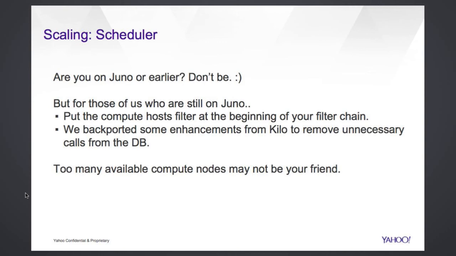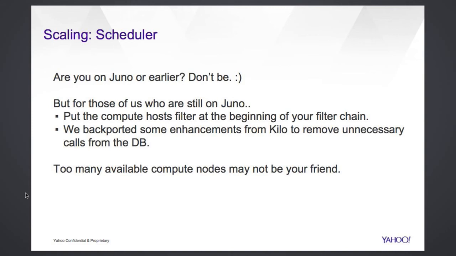So one thing we found is that the compute host filter checks the timestamp of the original data call from the database. But the problem is that if it's late in the filter chain, it sees the timestamp from when the data was first called, only it's been 2 minutes, so it calls that a timeout.